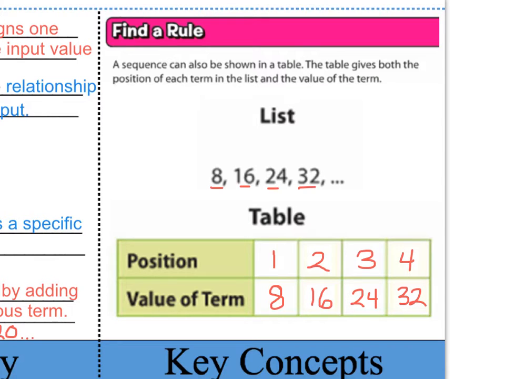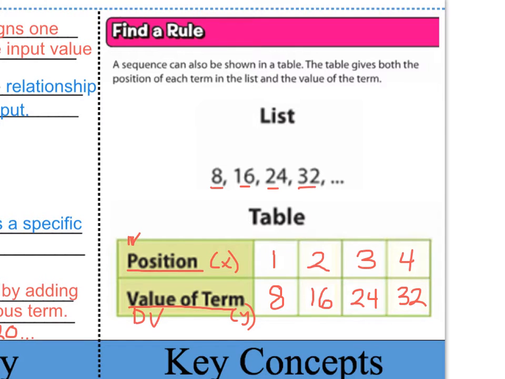The position would be my x position, and the value of the term would be the y. The position would be my independent variable, and the value of the term would be my dependent variable. So this is my independent variable, and this is my dependent variable.